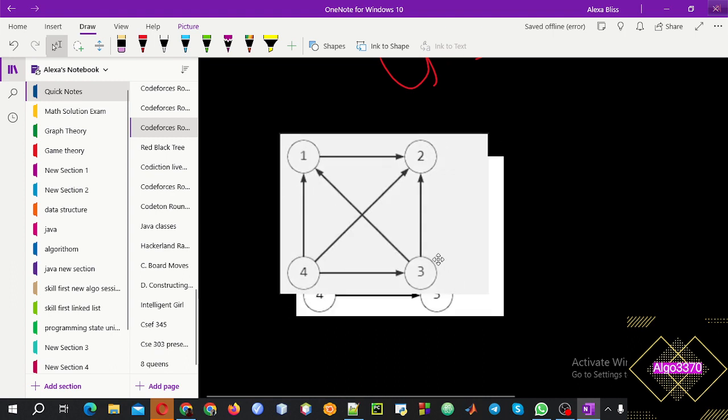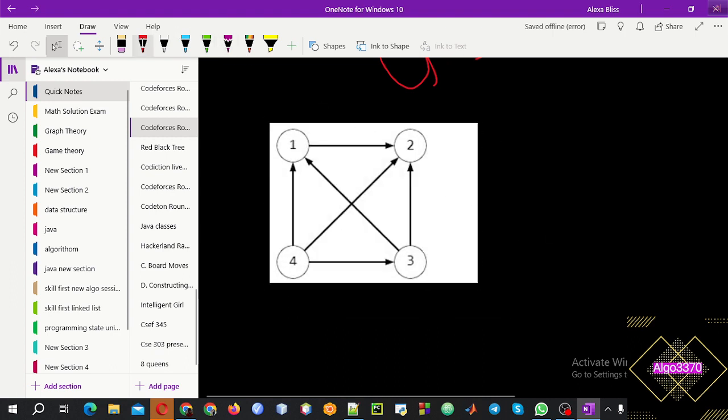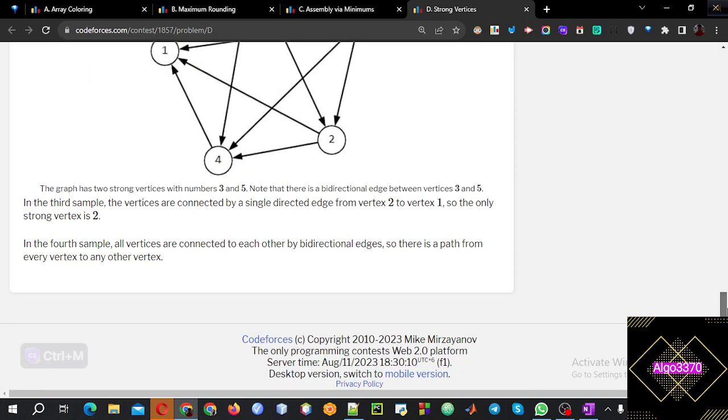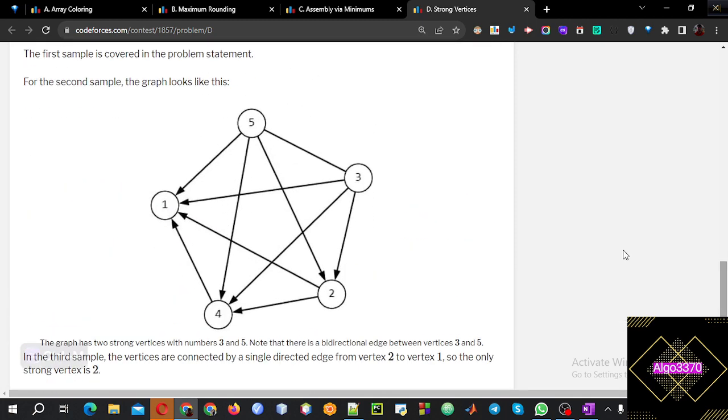The total number of strong vertices here is 1, and it is vertex 4. Why is 4 a strong vertex? Because 1, 2 and 3 all get a path from this vertex. And if we pick the second example, our created graph looks like this.